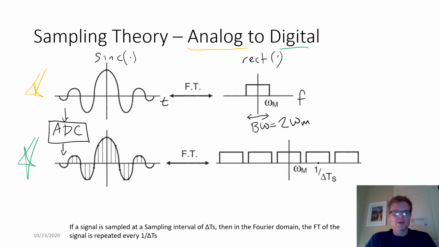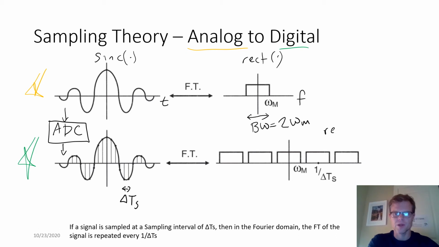And so what the sampling theory tells us is that if we take samples of our time series data, and the time between those samples is this value, delta TS, or sometimes referred to as the sampling rate, then what will happen in the Fourier transform domain is that we get repeated copies of our original Fourier transform.